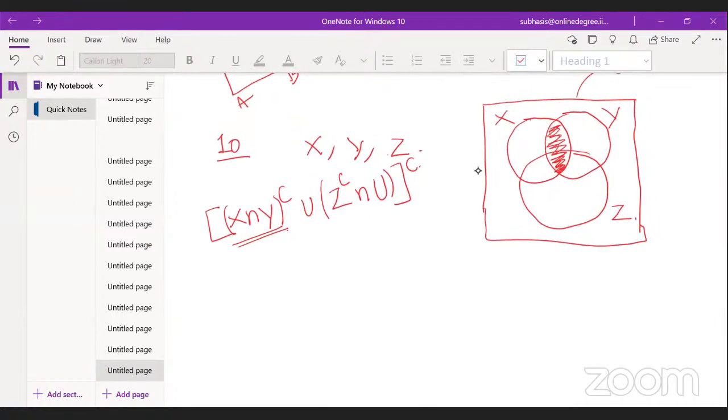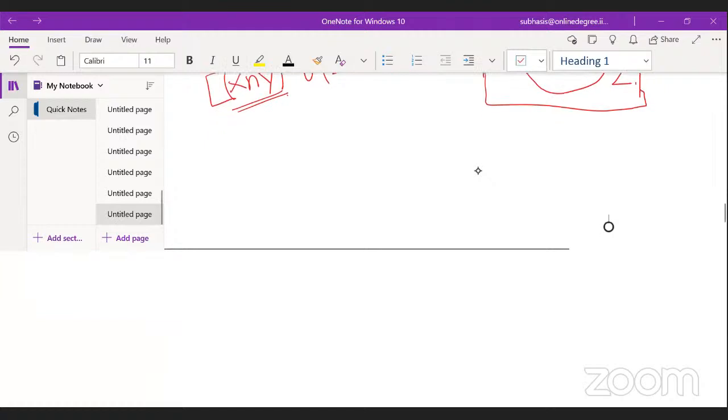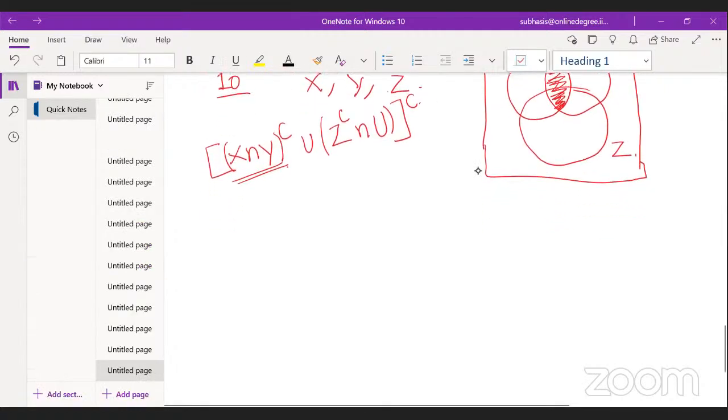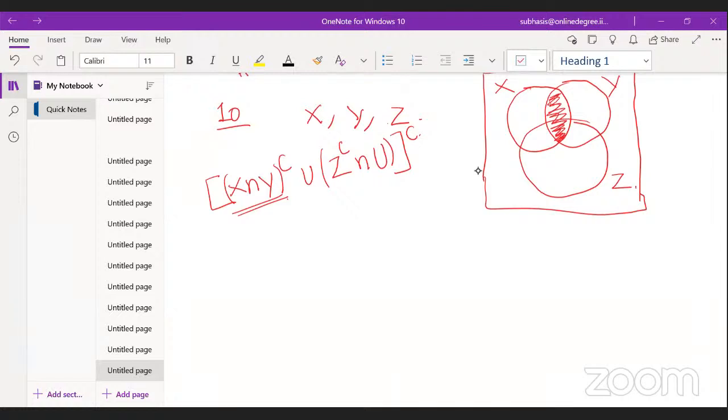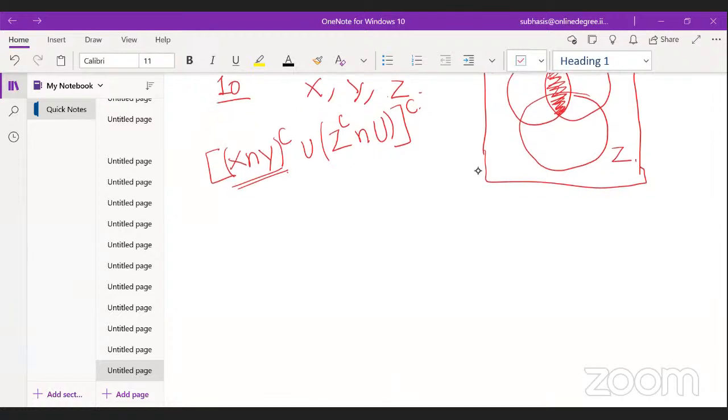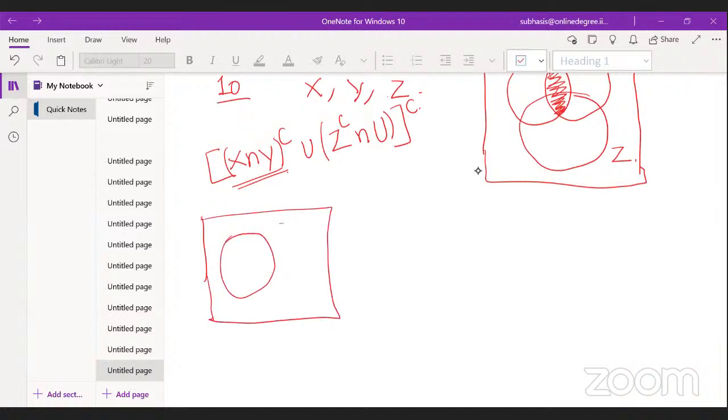You need to compute X intersection Y complement. So what will be your X intersection Y complement? Sir, rest of all things. Yeah, so basically everything except this region.